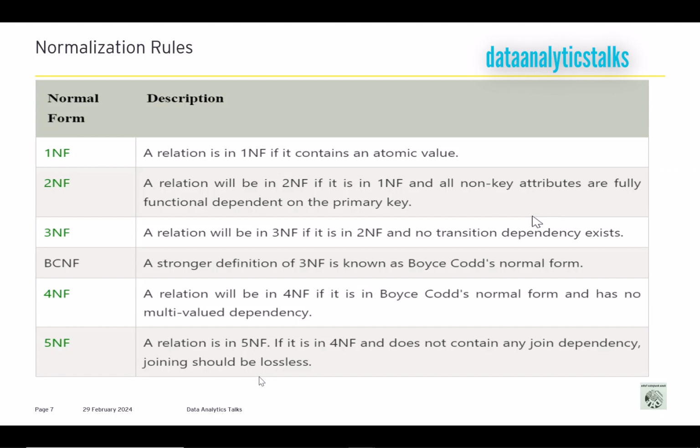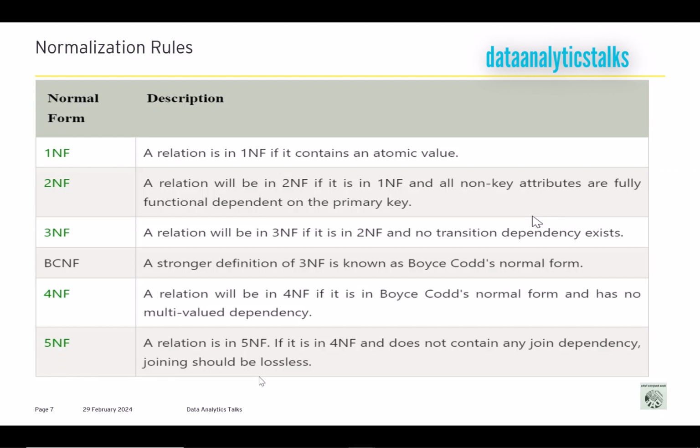In first normal form, I will just go through the definition and then explain it when I am doing the normalization. A relation is in 1NF if it contains atomic values. That means there are no grouped columns in it. I will show that in the next slide.